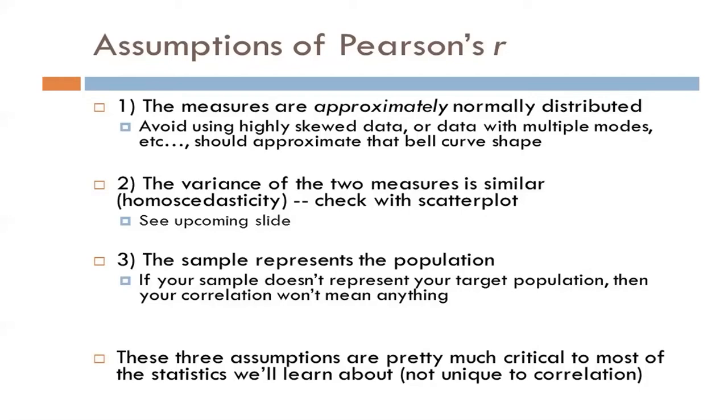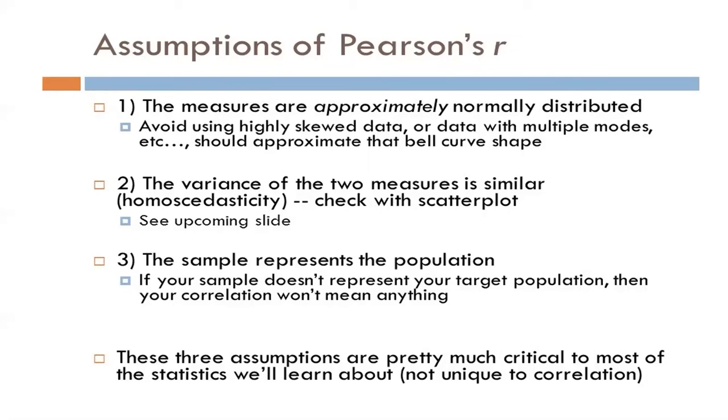Point 2, the variance of the two measures should be homogeneous, or homoscedasticity. Check with the scatter plot. Whether the variance of the two measures is similar or not can be checked with the scatter plot. Then point 3 is the sample represents the population.